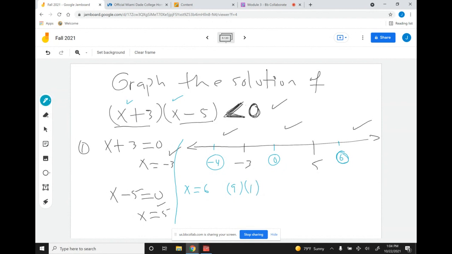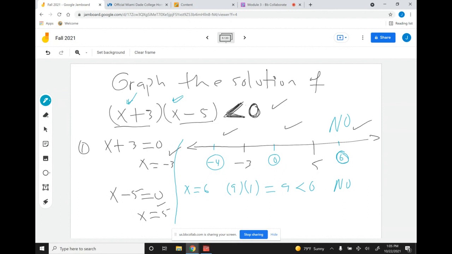Again, I replace the 6 here, plus 3 I get 9, 6 minus 5 is 1. Then I multiply them, and I get 9. Here's a question, is 9 less than 0? And the answer is no. So this whole area will not be part of my solution.